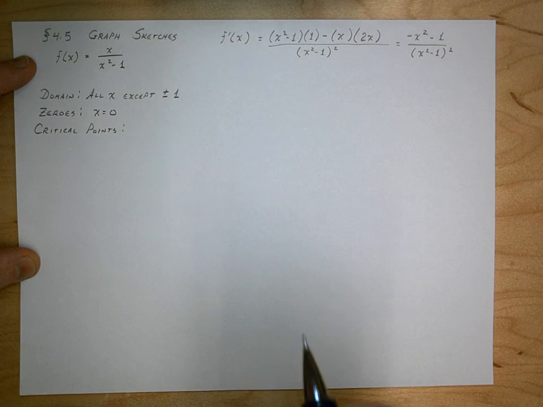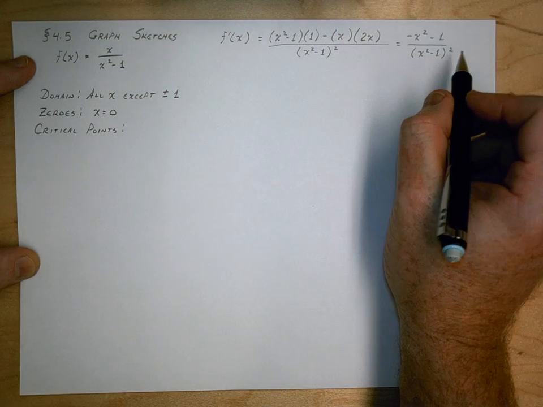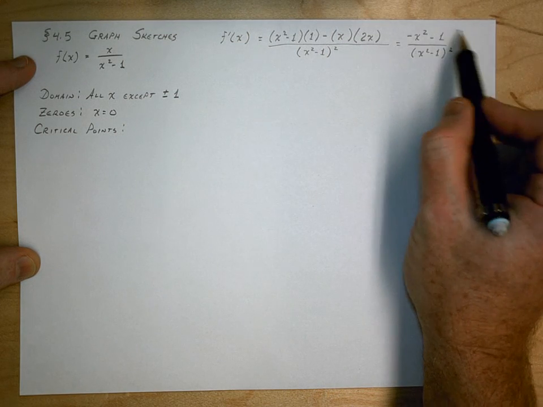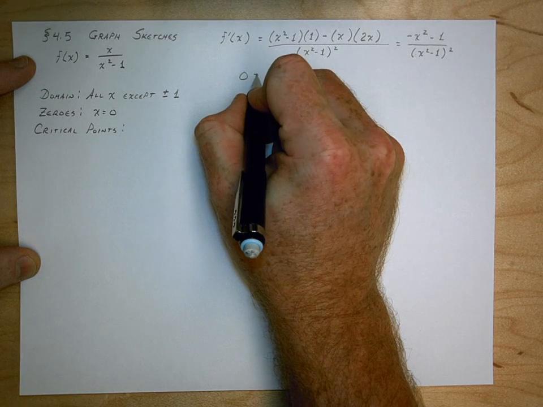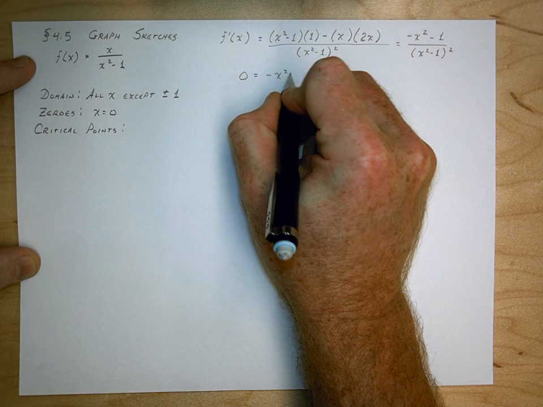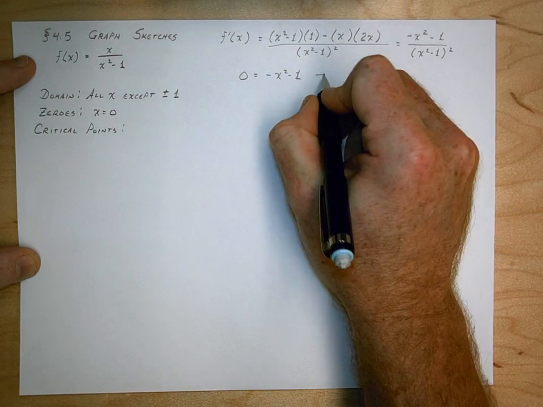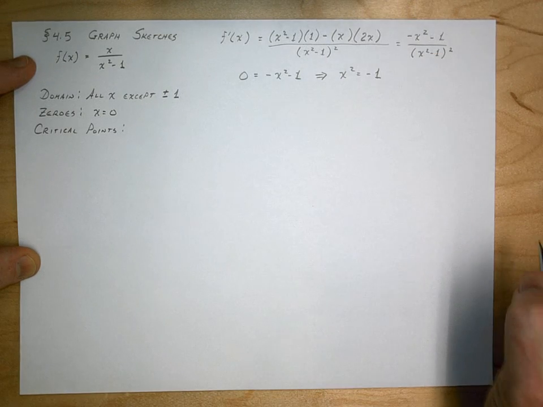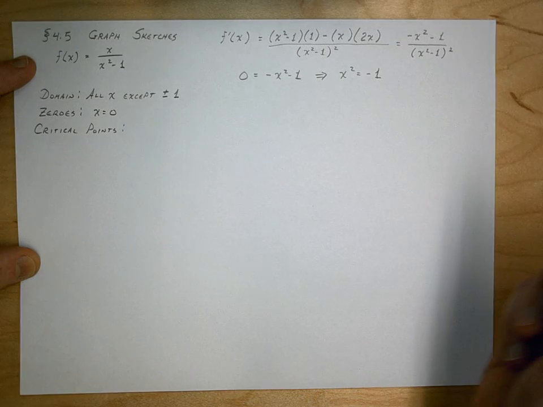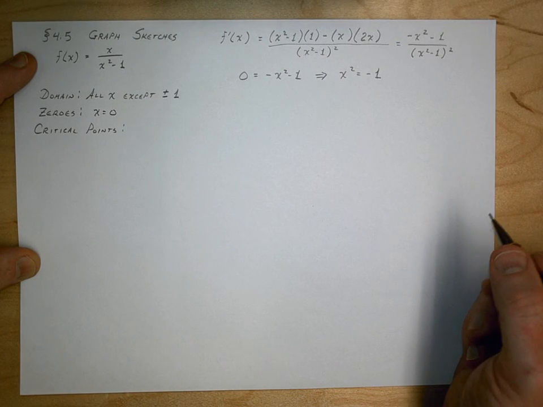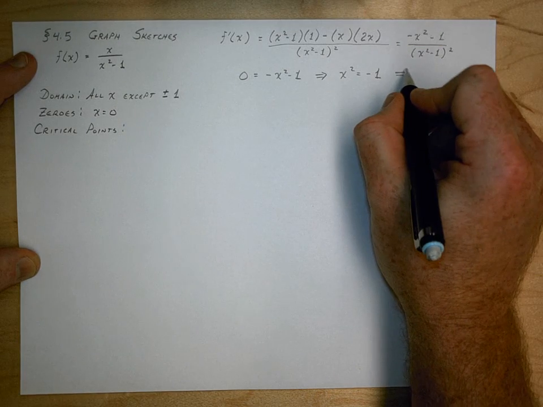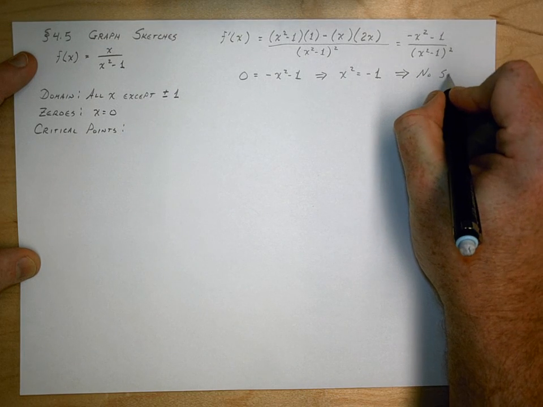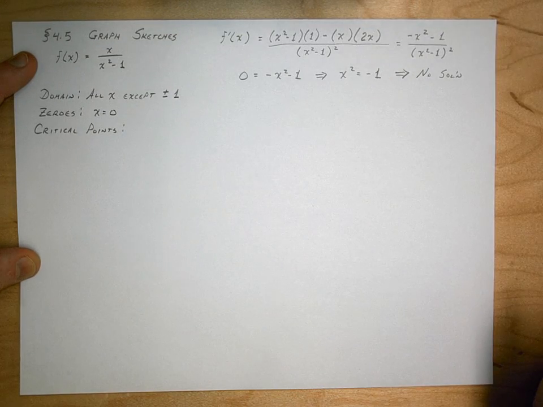Let's see, so we're going to look for where the first derivative is equal to 0. So again, I've got a quotient here. A quotient goes to 0 when its numerator goes to 0. And so that gives me negative x squared minus 1 equals 0, and there's no solution for that. As long as we're talking about real numbers, there's no solution. So I've got no values that make my first derivative go to 0. Bummer.